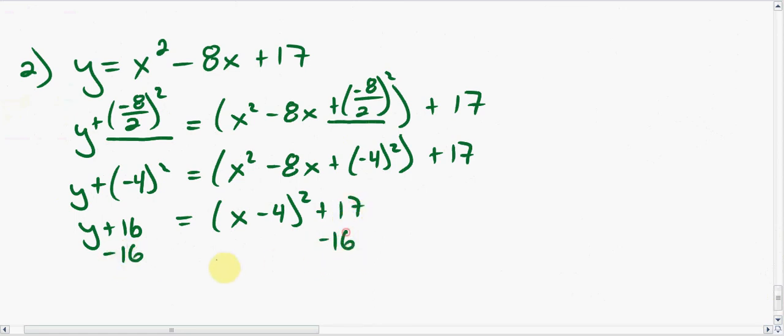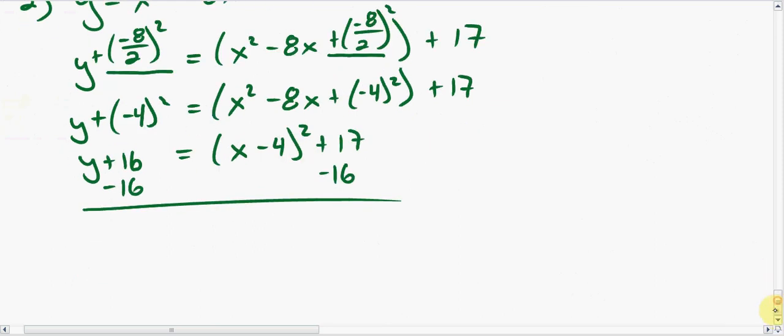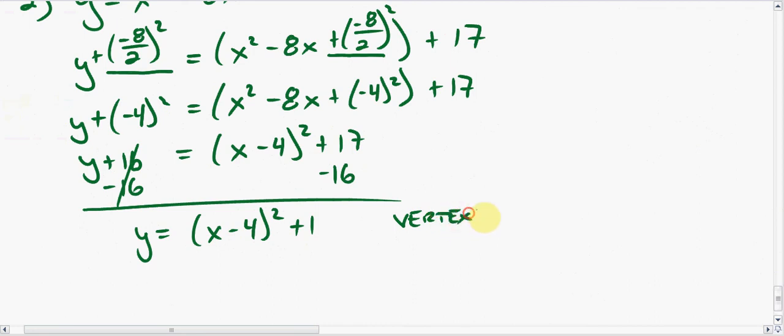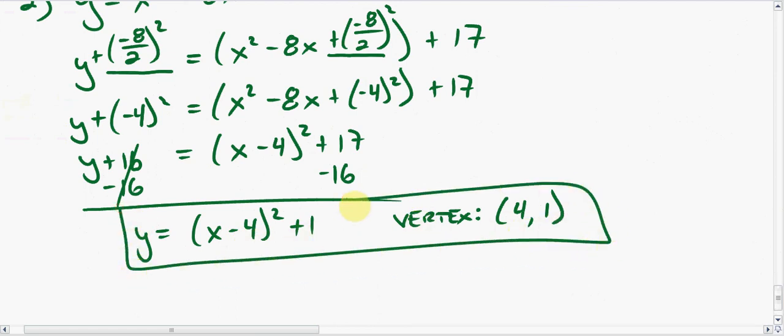Subtract 16 from both sides. And we have y equals x minus 4 squared plus 1. And our vertex is 4, 1. Opposite of h, k stays the same. And there's our answer. All right, that's part 4.